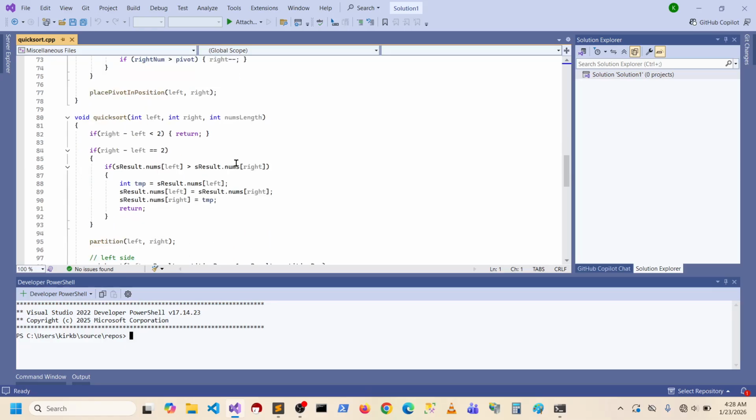I mean, in my mind, this is simple. Get everything on either side of the pivot, and then run quicksort on those parts, left and right. And then just keep doing that until you have no more to sort.